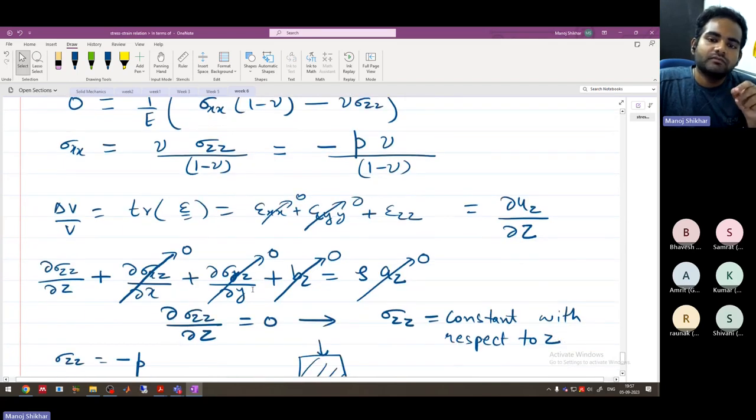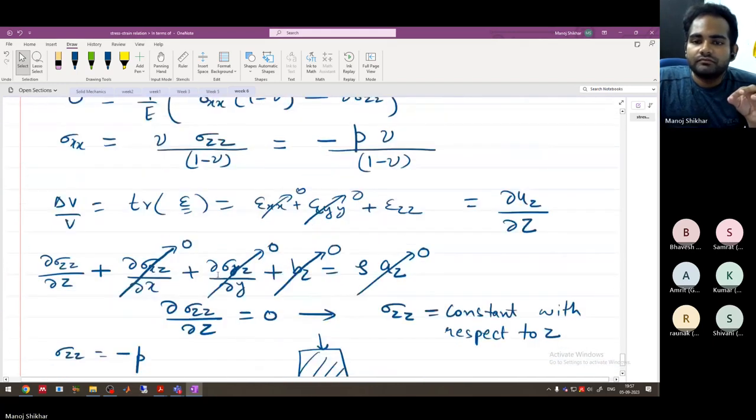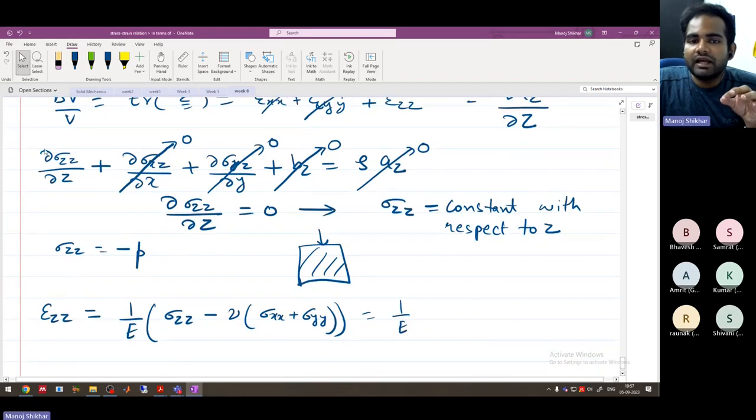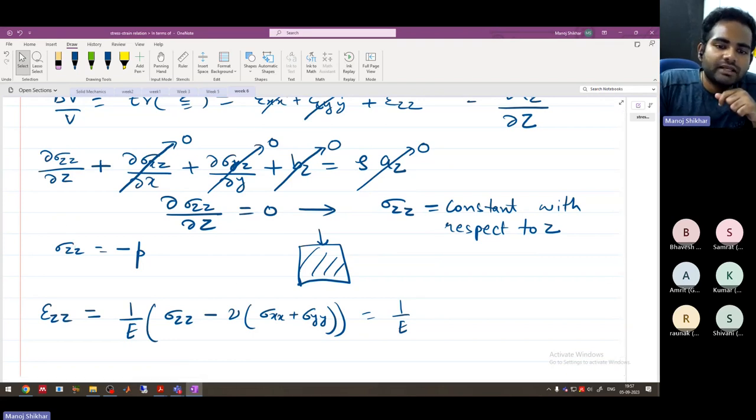Now to show that at any place on this rubber, we will have this value of sigma xx, we had to follow this step, this equilibrium step. Okay. From there, what did we prove? We proved that sigma zz is constant, and that's why sigma zz was minus p throughout the body.